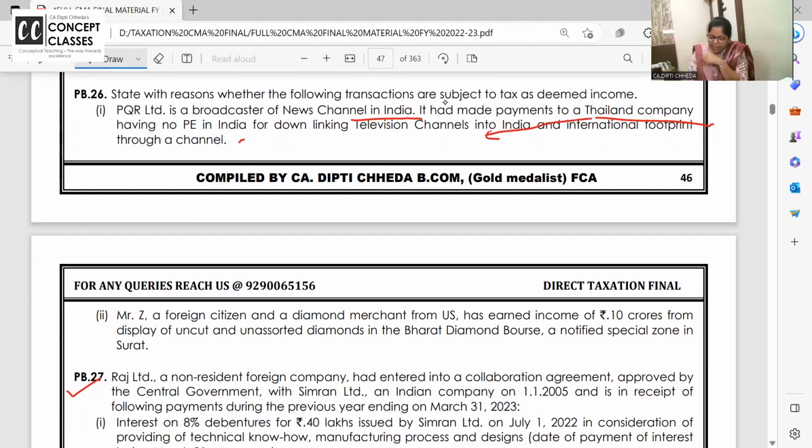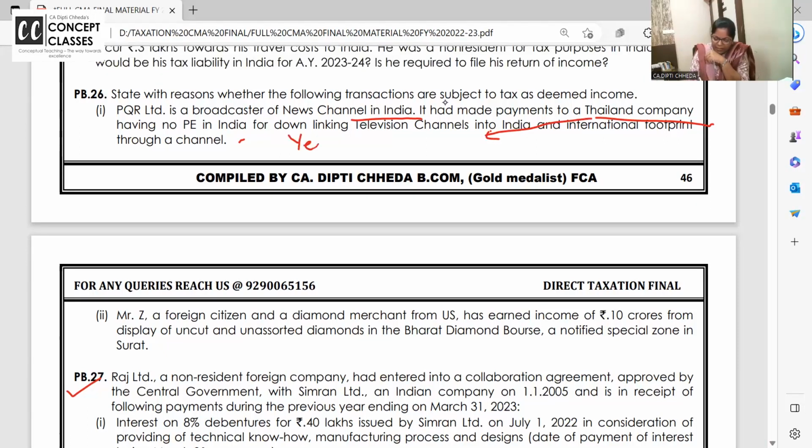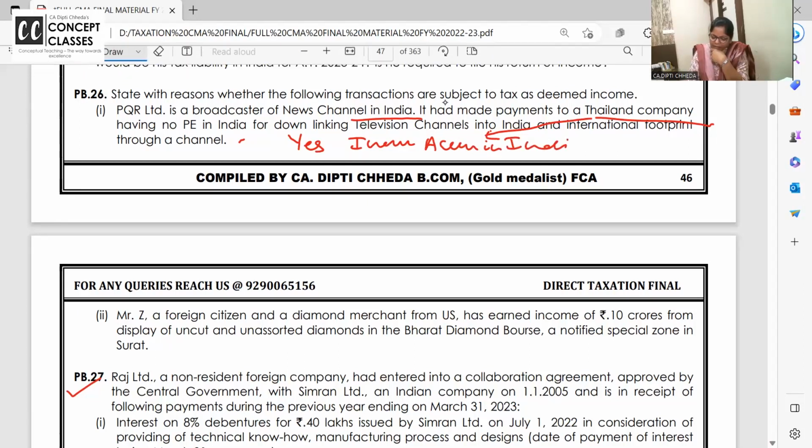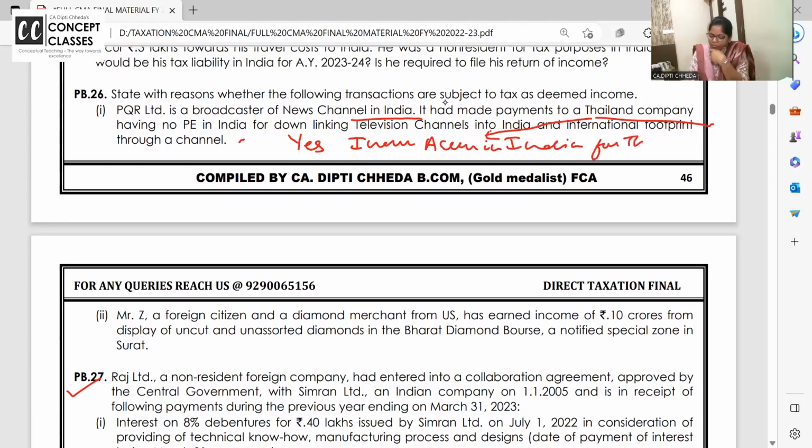So is Thailand's income accruing in India or not? Yes. Income accruing in India for the Thailand company, as they are going to get viewership in India if the channel displays it. A resident is making payment to a non-resident for services rendered in India.